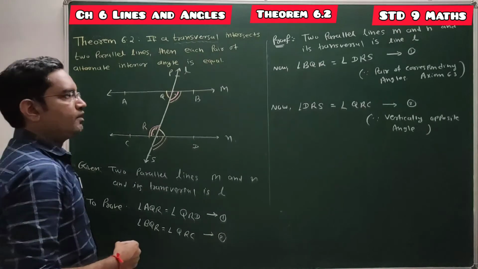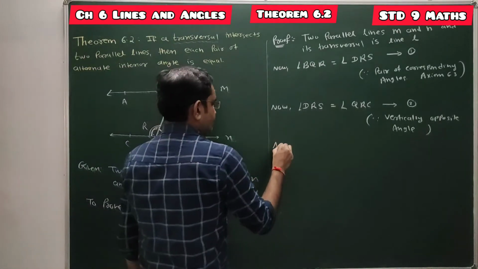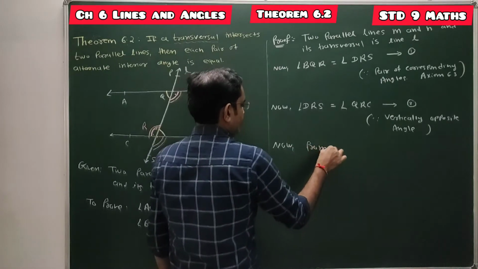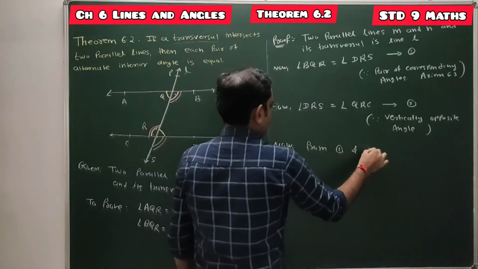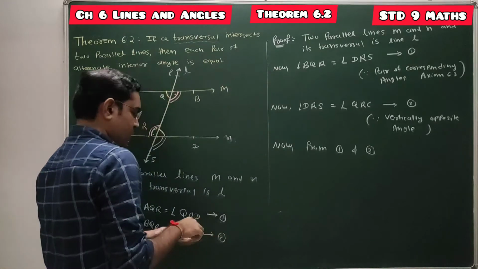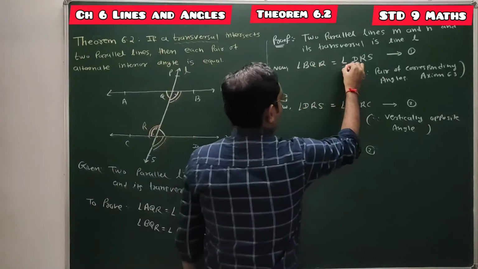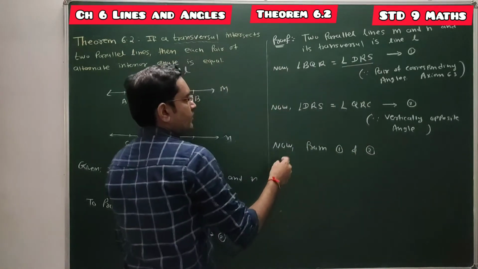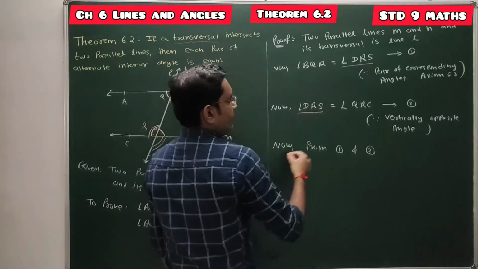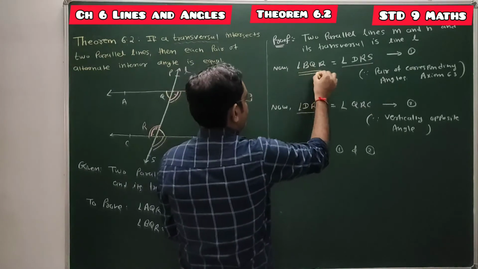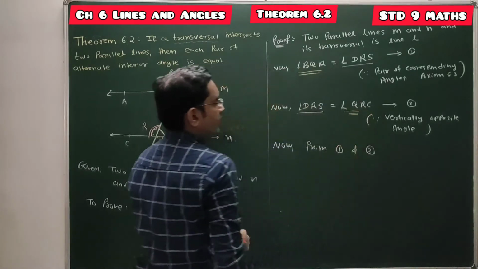So result 1 and result 2. Now we can compare result 1 and result 2. What is the comparison? Result 1 says that angle BQR is equal to angle DRS, and result 2 says that angle DRS is equal to angle QRC. That's why we can say that angle BQR is equal to angle QRC.